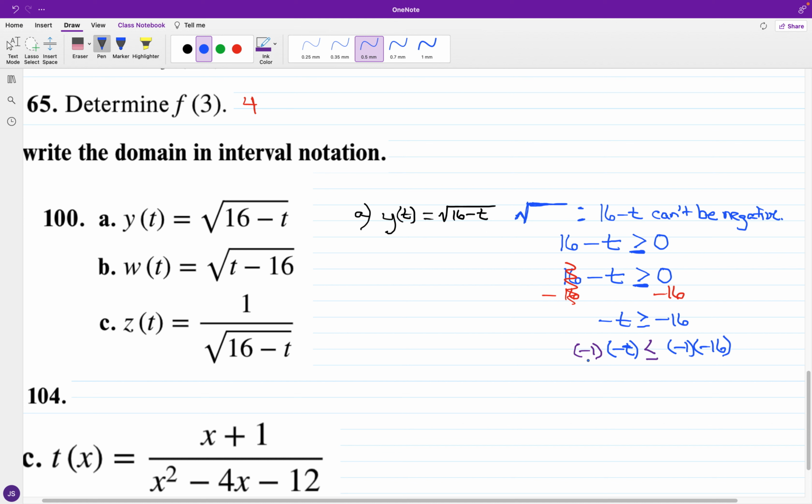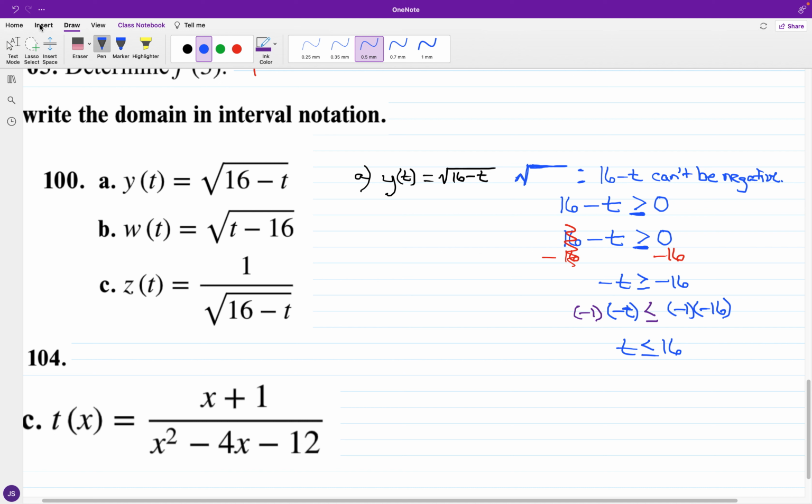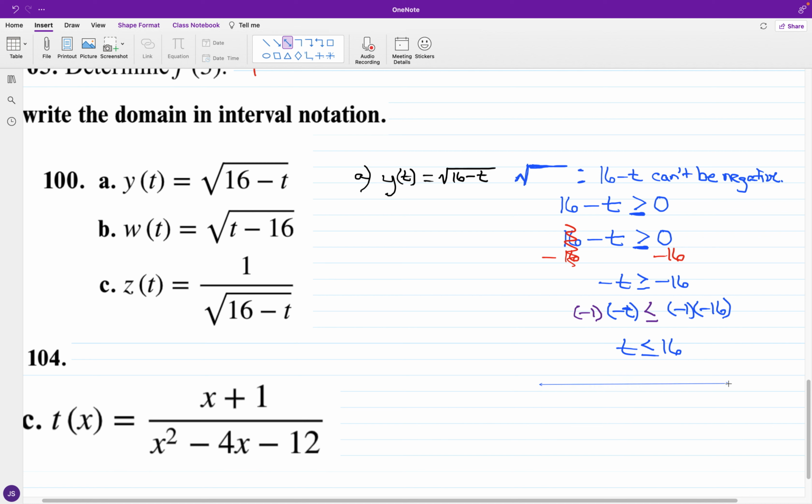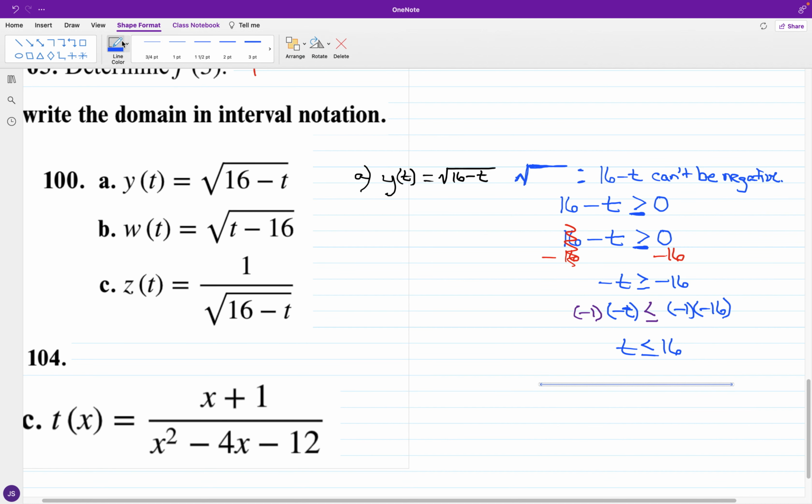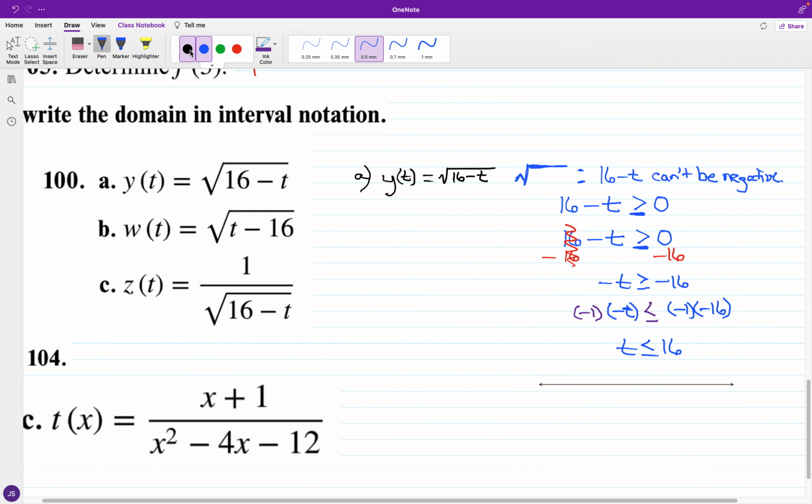So in the change-up, negative 1 times negative t is a positive t, and we'll have that t is less than or equal to 16. For the value of immediate interest, 16, the nature of the inequality is t is less than or equal to 16.